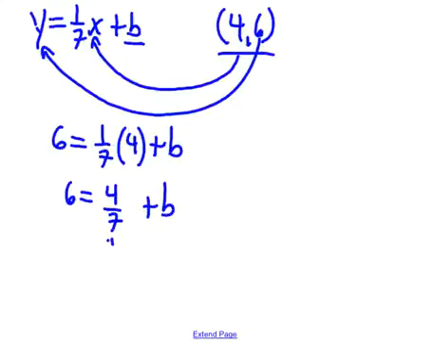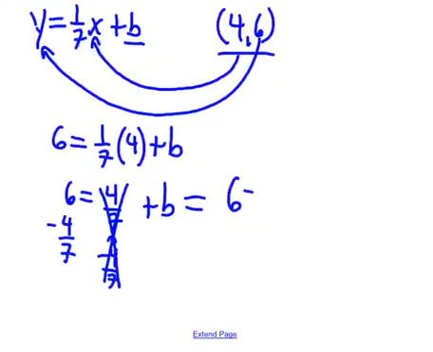Now I've got to get rid of this. So I'm going to subtract that from both sides. So I subtract 4 over 7 from this side, and I'm going to subtract 4 over 7 from this side. Now 4 over 7 minus 4 over 7 is 0, so that essentially disappears, which leaves me with 6 minus 4 over 7 is equal to b.